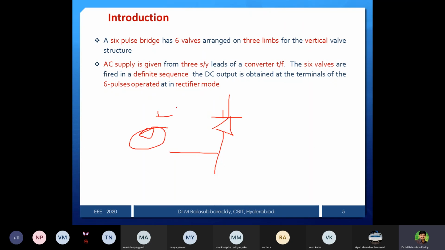Let it be star-delta or delta, because based on 6 pulse or 12 pulse, we can connect the transformer like that. The transformer primary is connected to the source and the secondary is connected to the valves. So the 6 valves are fired in a different sequence.